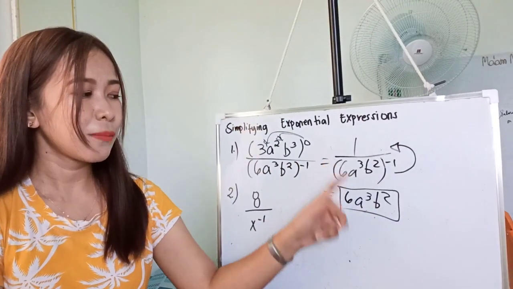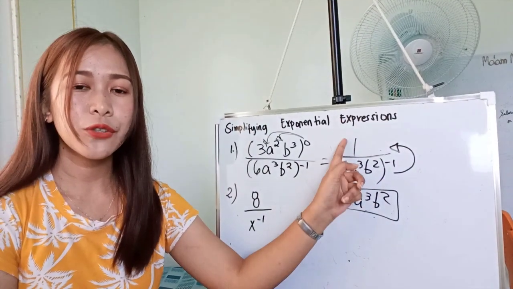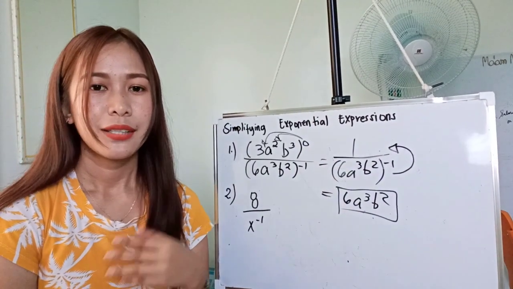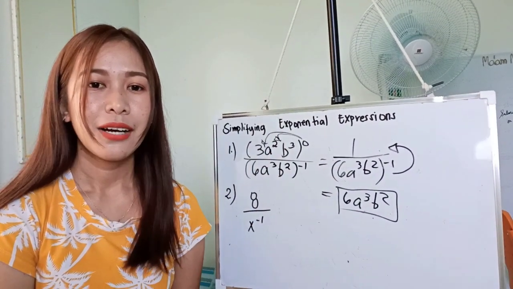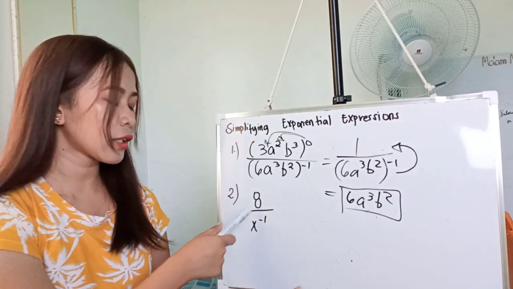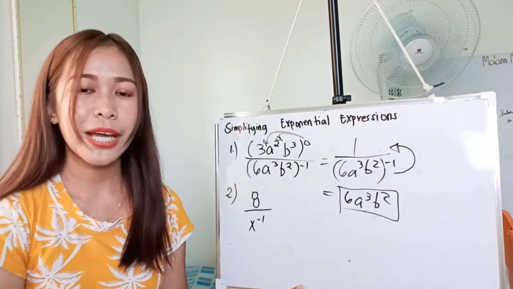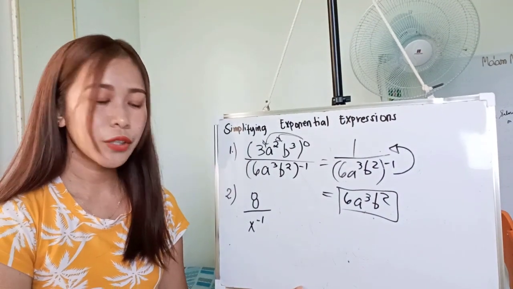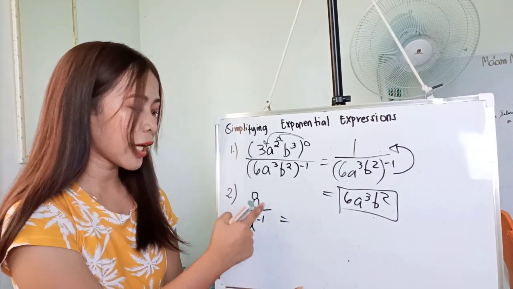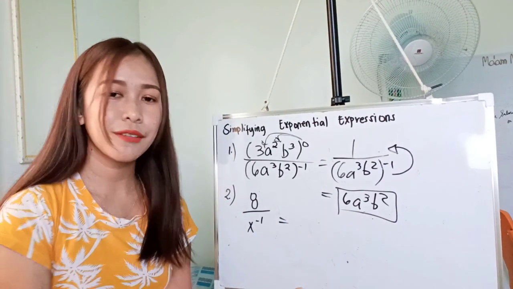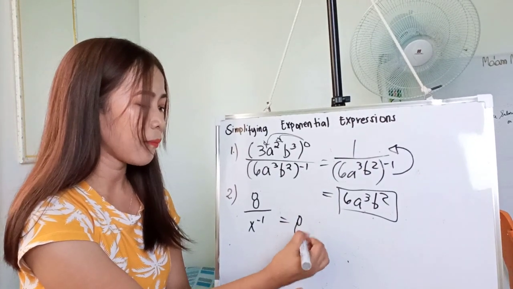And then, kapag naman yung negative exponent ay nandun sa numerator, ipapaba nyo naman siya sa denominator. Baliktaran lang. Okay? Then we have here 8 over x raised to negative 1. So what are we going to do in here? Itong 8, hindi naman natin siya kailangang galawin kasi wala naman tayong isi-simplify sa kanya. 8.